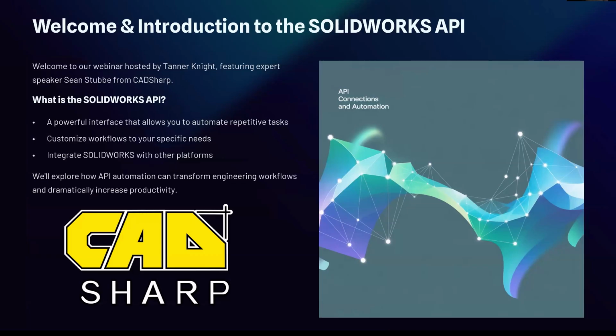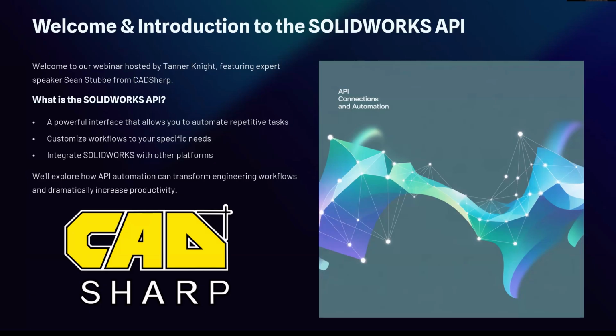So let's welcome Sean Stubbe from CADSharp. I'll let him introduce himself in a second here. But before I let him talk, I just wanted to talk about what the SOLIDWORKS API is, because in all honesty, it's kind of an alchemy in a lot of regards. It's kind of like a hidden art in a lot of ways that not a lot of SOLIDWORKS users are aware of how to use this functionality.